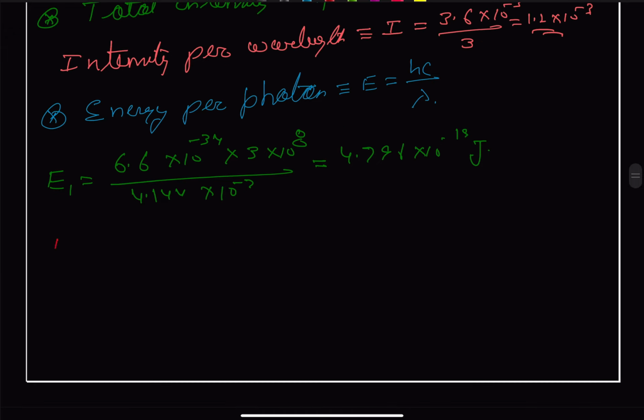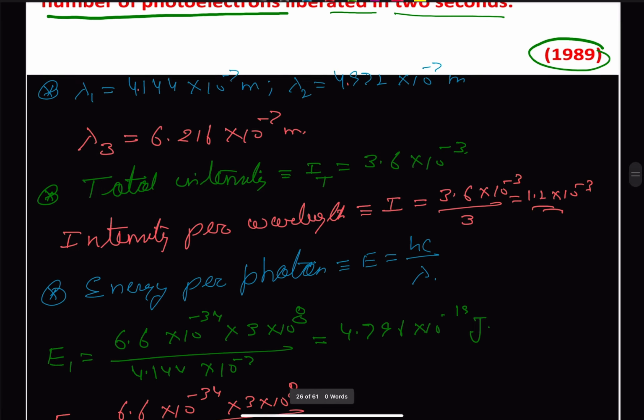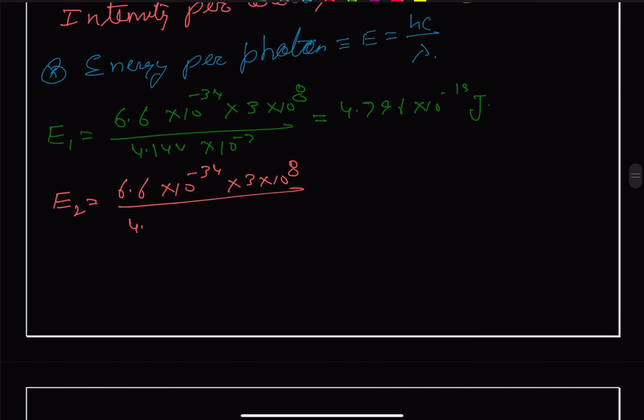Similarly, our E2 will be 6.6 into 10 to the power minus 34 into 3 into 10 to the power 8. Wavelength is 4.972 into 10 to the power minus 7, which gives us 3.997 into 10 to the power minus 19 joules.